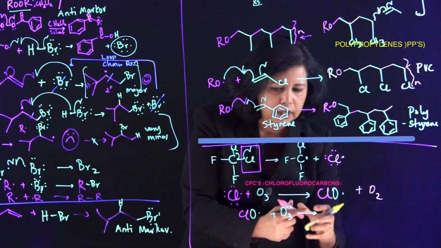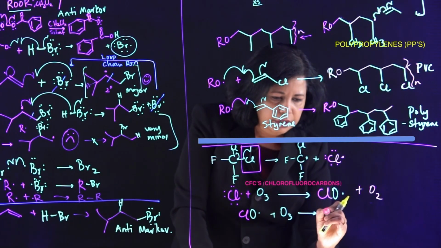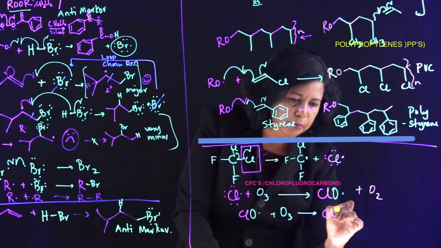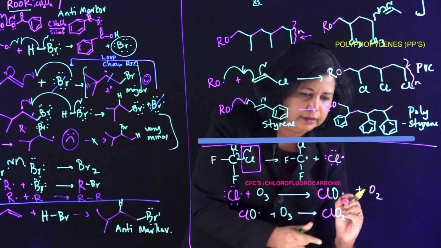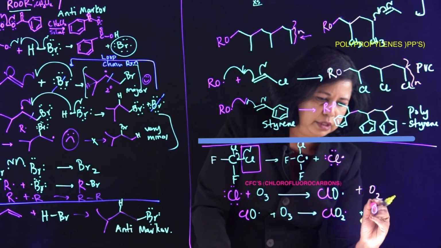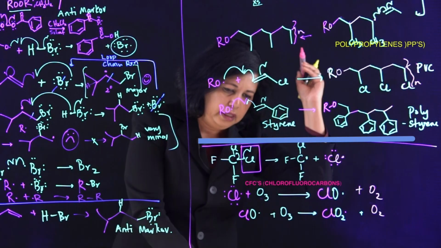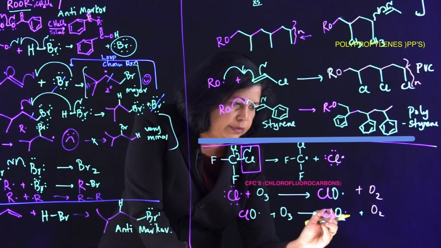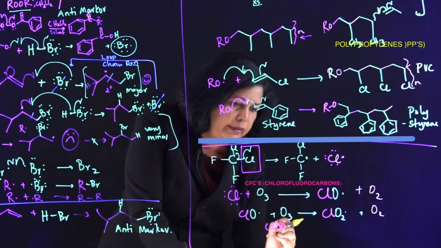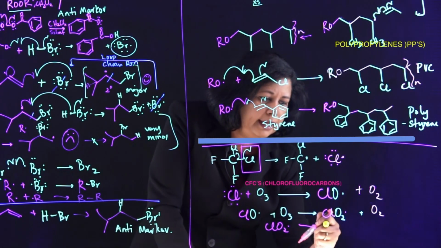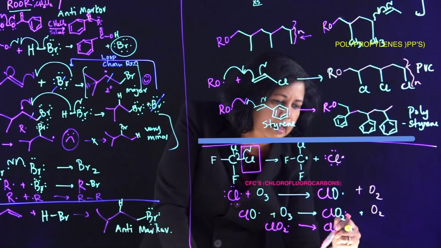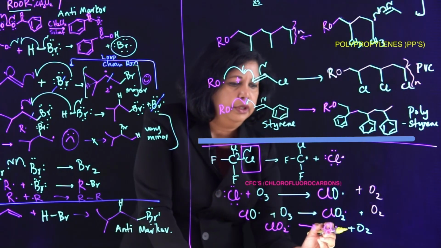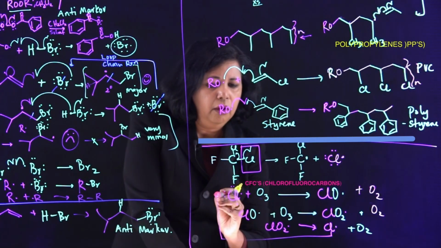You only need one chlorine radical to attack millions of ozone molecules, giving ClO plus oxygen. Oxygen is good, but ozone is what you need to protect yourself. So this ClO is then going to break up again and give you a chlorine radical and an oxygen, and this is going to do it all over again.